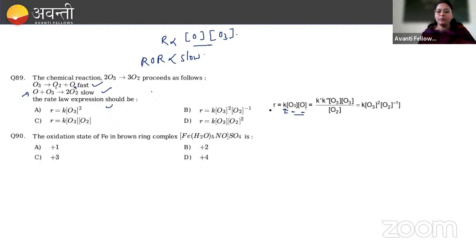So for that, in order to find out the concentration of O, you can find out the rate for this given reaction. So what is that? It is directly proportional to O3. Right, it is directly related to the change in the concentration of O3. So I have directly written its rate that is equal to minus of K double dash O3 divided by O2.